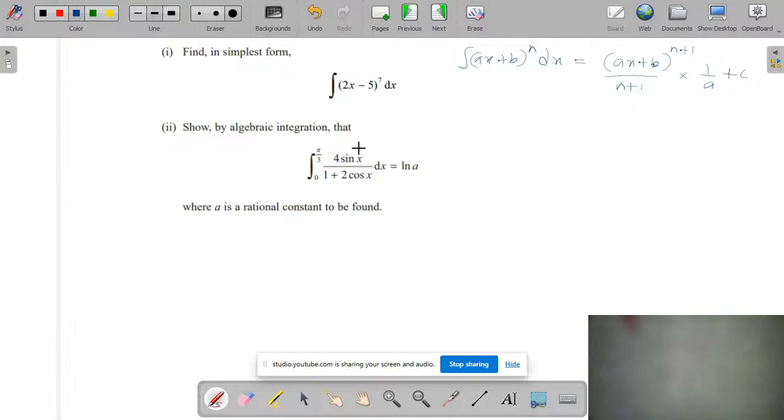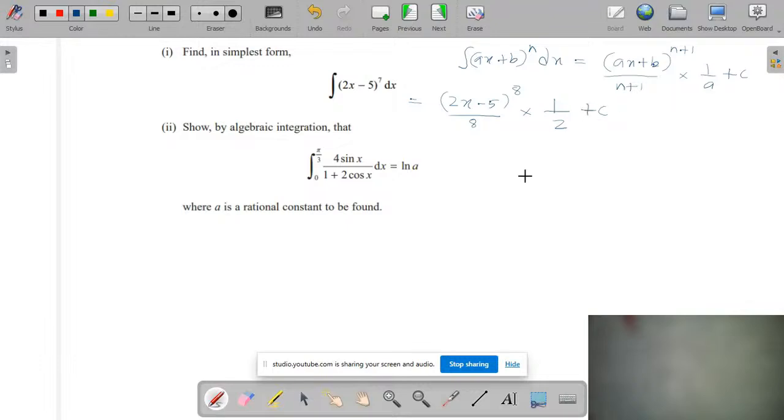So it's quite easy now, so we'll do this one. If I integrate this, 2x minus 5 to the power 7 plus 1, which is 8, divide by 8, multiply by 1 over differentiation of 2x, which is 2, plus c.